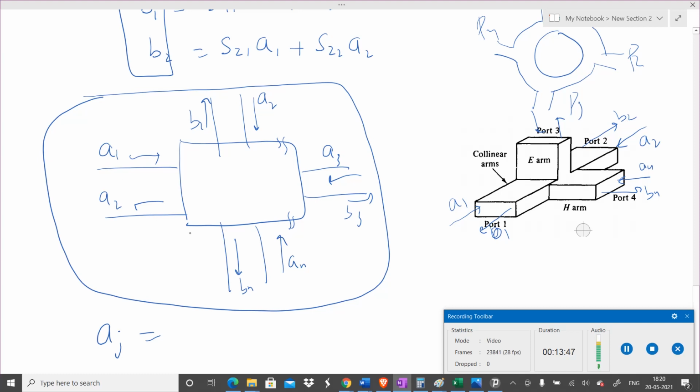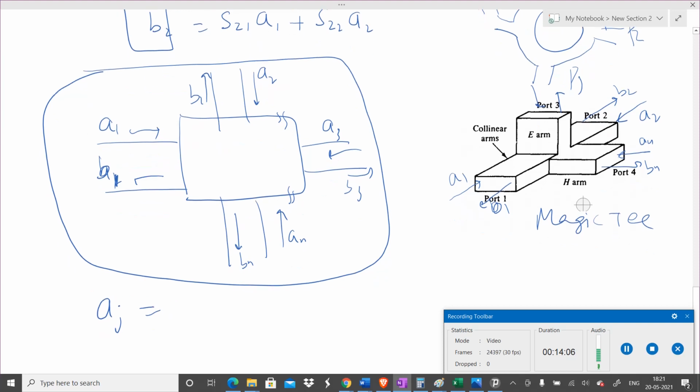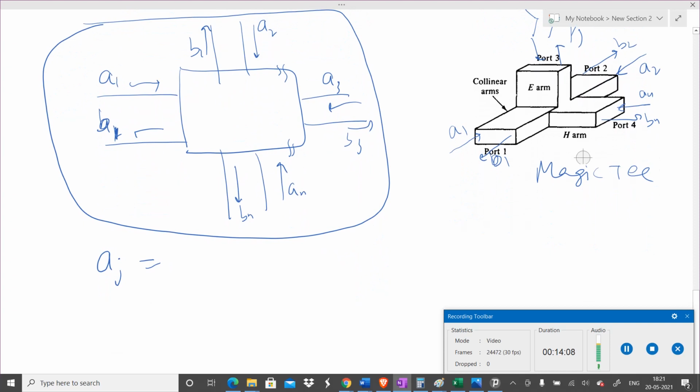It can have n such different ports, as in magic T. This is the magic T. It has 4 ports. So A1, sorry, here, B1. A1 is the incident wave, B1 is the reflected wave here. A2 is the incident wave, B2 is the reflected wave here. Now the convention will be that Aj will represent the incident traveling wave, coming toward the junction.